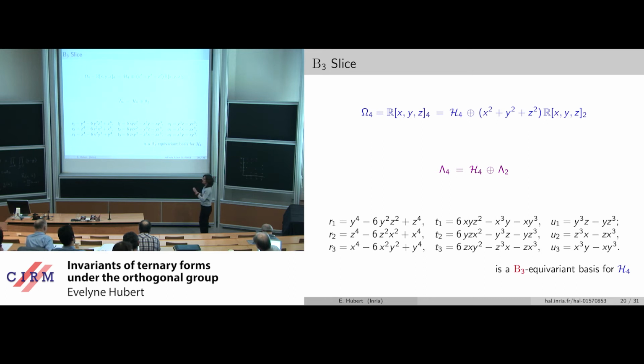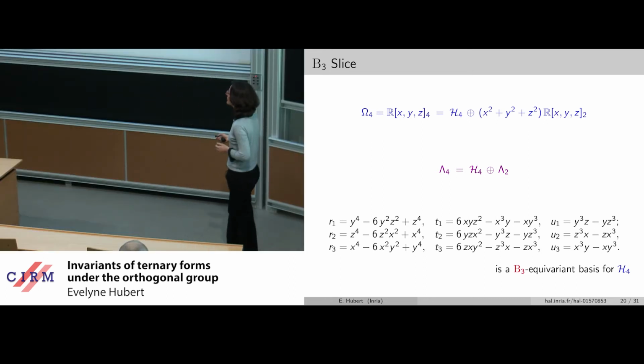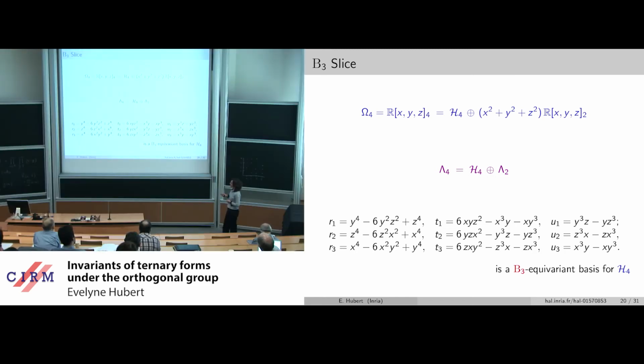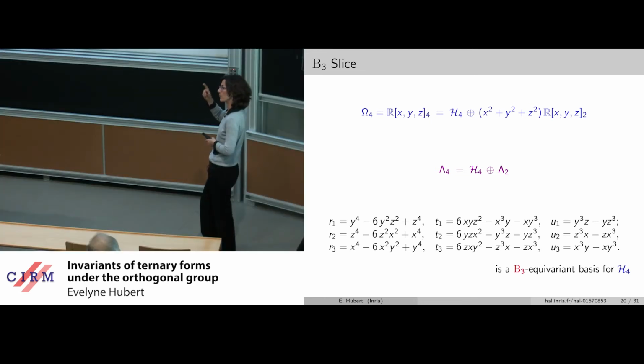This basis consists of 3 blocks, the R block, T block, and U block, which are spanned spaces that are invariant and on which the action of B3 is kind of nice. So you see that R2 and R3 are obtained from R1 by a cyclic permutation of X, Y, Z. It's true for the other blocks too.